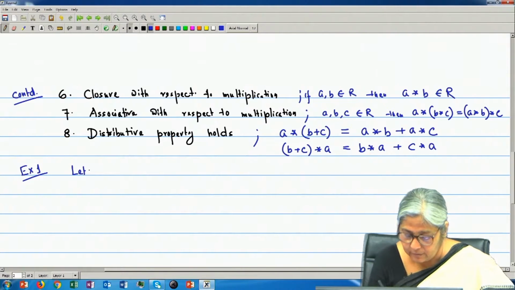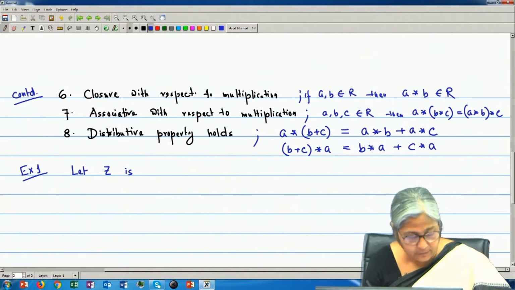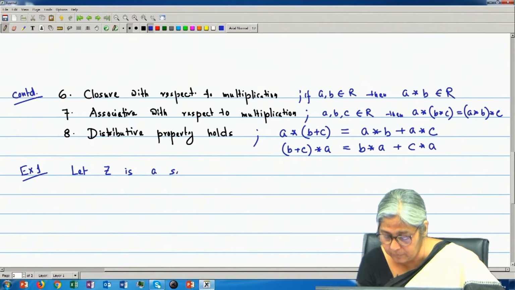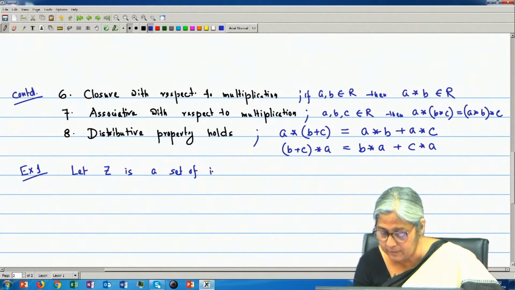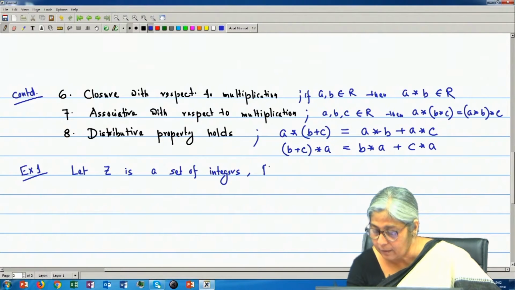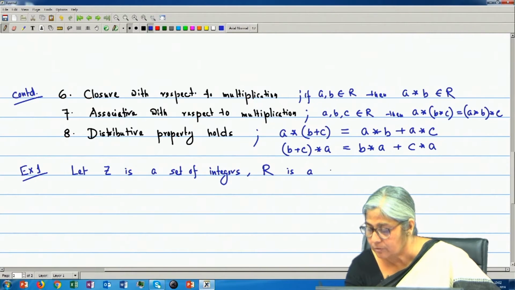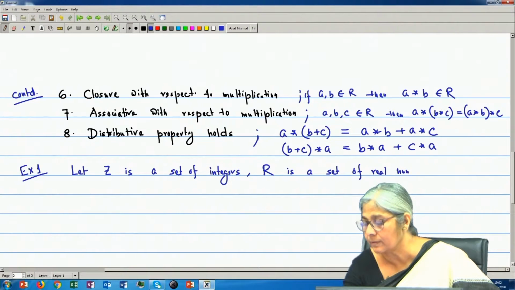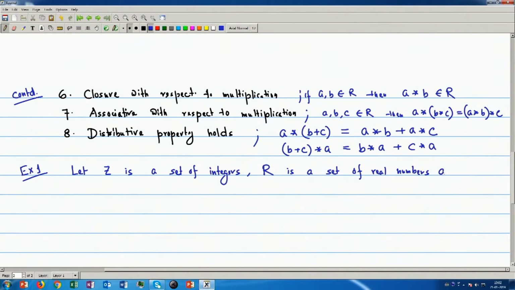So, let Z be the set of integers, R be the set of real numbers, and C be the set of complex numbers.